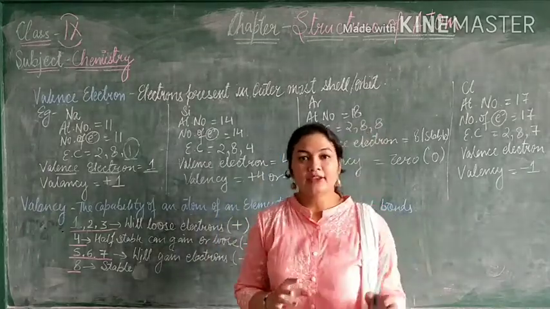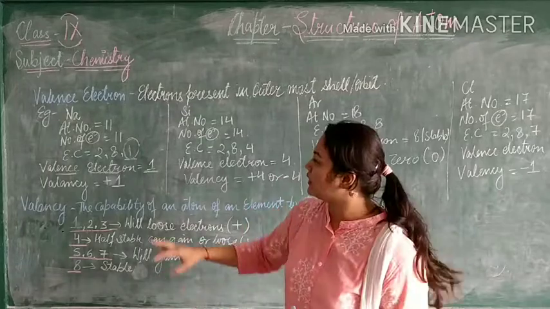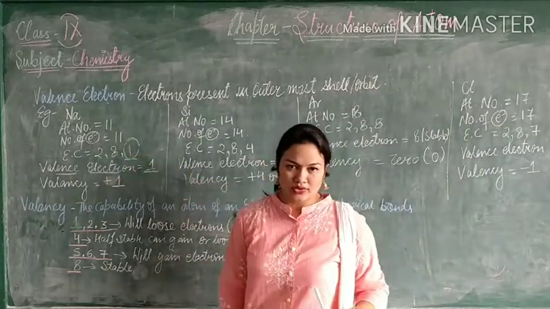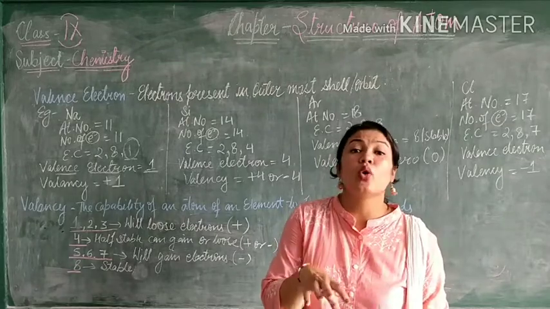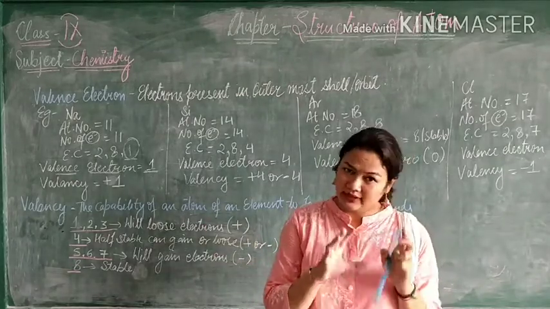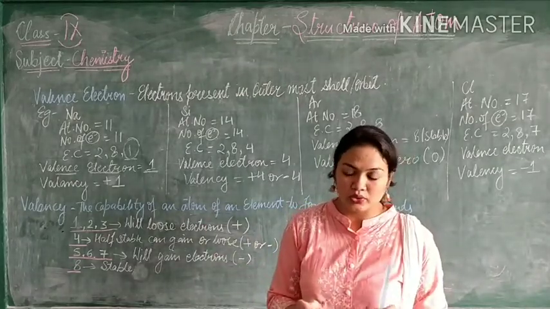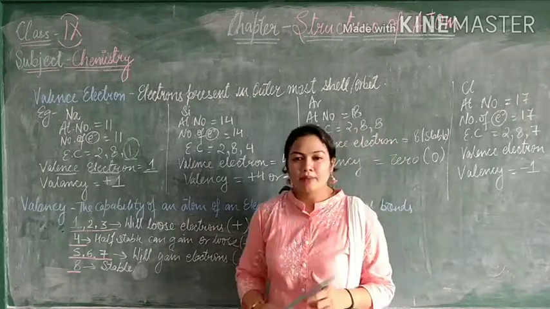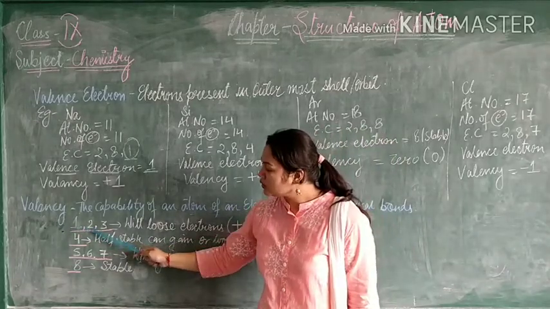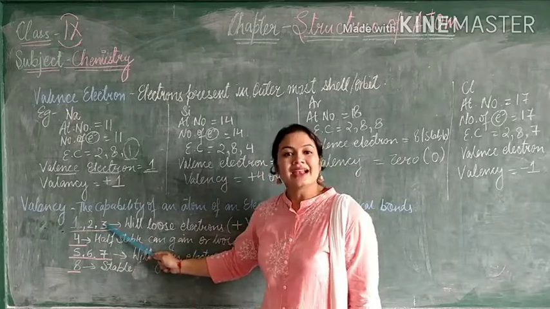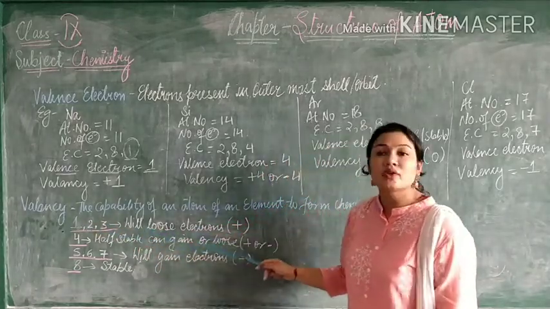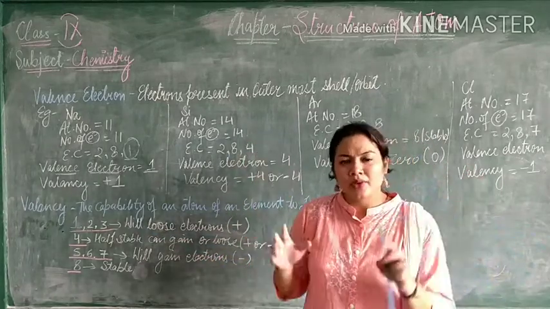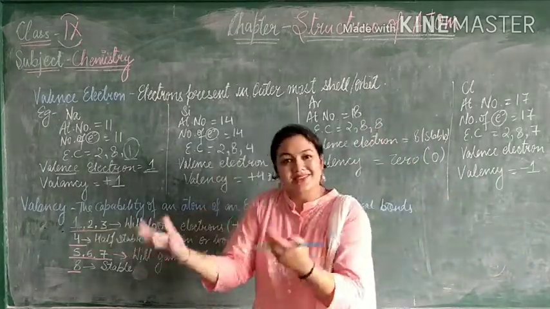Now think, if some atom has 1, 2, 3 electrons, what is easier? That atom wants to attain 8 electrons in its outermost shell. So remember, whenever there are 1, 2, 3 electrons in the outermost shell, that means the valence electron is 1, 2, 3, so there will be loss of electrons. They will give the electron because it's very hard to take 7 electrons.